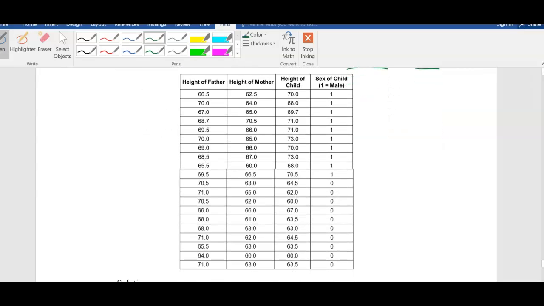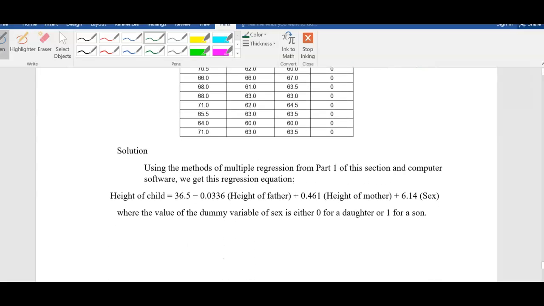So to do this, this is our data that you would have. You would have downloaded that into StatDisk. We're going to use multiple regression from part 1. And we're going to use our regression coefficient of the height of the father and the height of the mother. All right, and the sex.